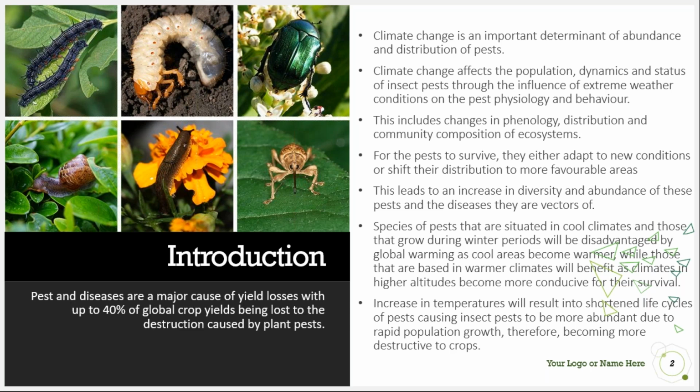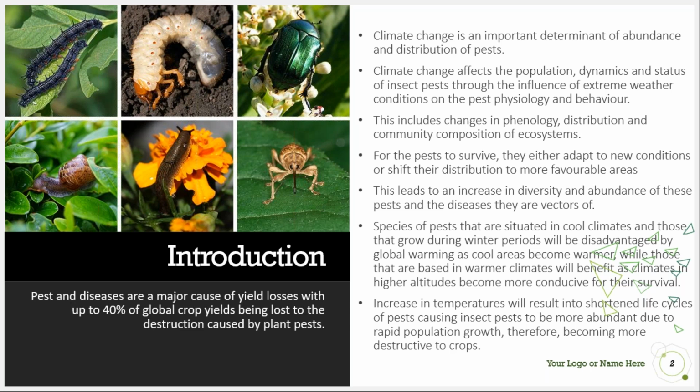because as we know, pests are usually affected very highly by temperature and also moisture availability. And this comes on because they are also vectors of some diseases. So they work hand in hand in causing losses to our food productivity.